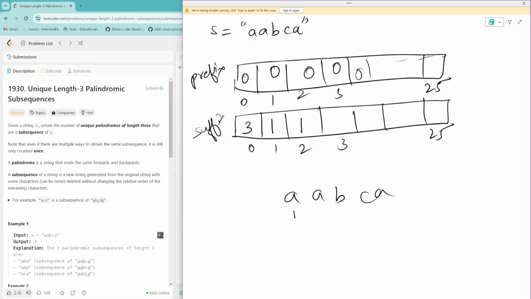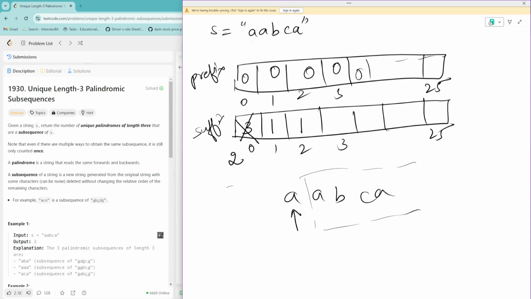If I am at a particular character, I would decrement one count from its suffix, because we need to find the number of elements after it using the suffix, and the current character is not after itself.